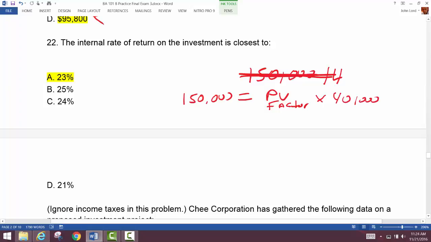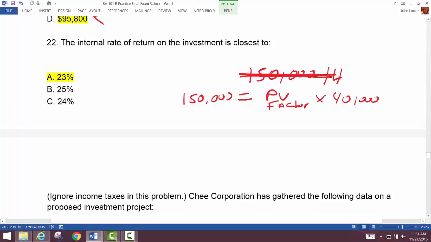In other words, we want the net present value to be 0 for our internal rate of return. This will set my net present value to 0 if the present value of these payments equals what I'm going to spend today, 150,000, which is already at present value, right? I'm spending that now. And I'm saying that the 40,000 times some factor will give me a present value of 150,000.